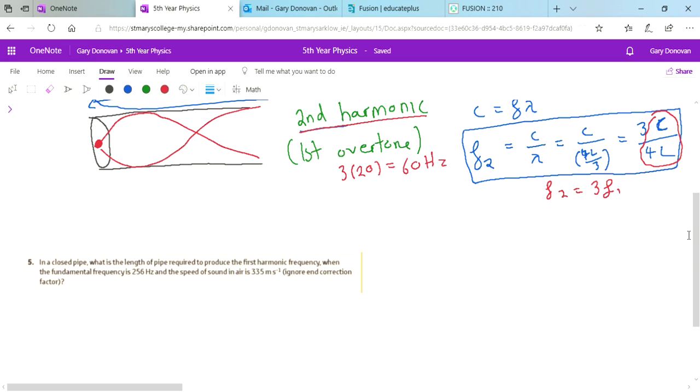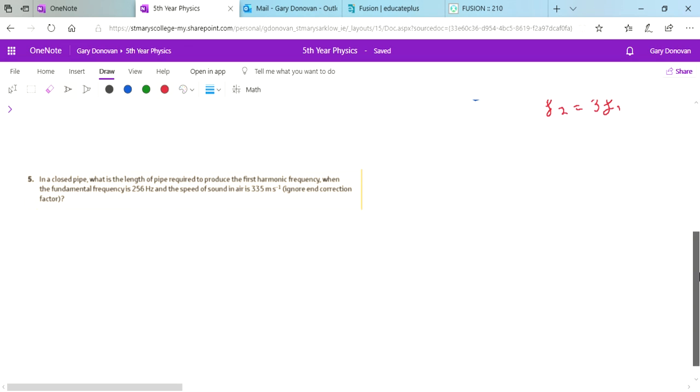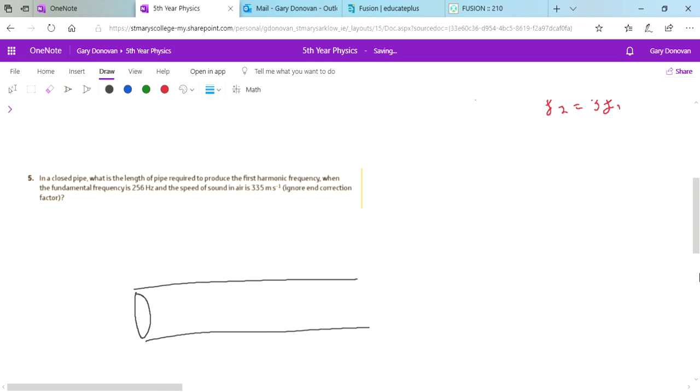So let's just look at an example question that's in your book. What I suggest you do with these is always do a little sketch or a drawing, because it just helps you see what's going on. So we have a closed pipe, and the question is: what is the length of the pipe required to produce the first harmonic when the fundamental frequency is 256 Hz?